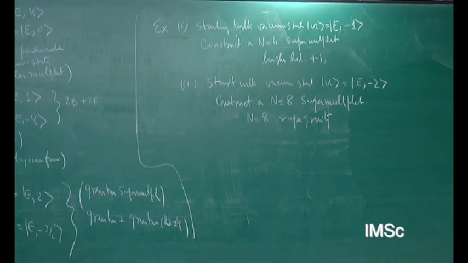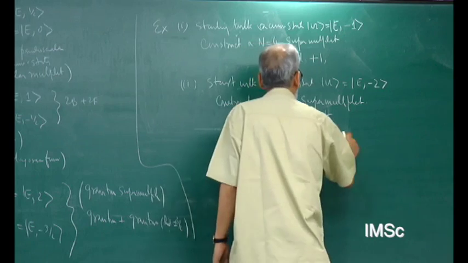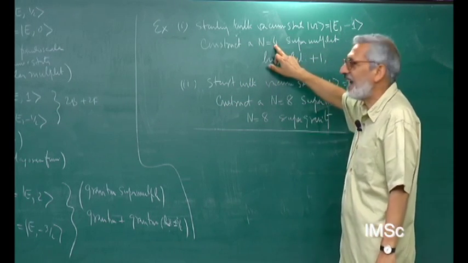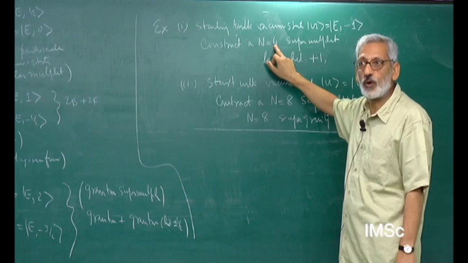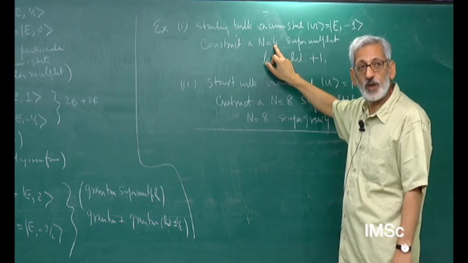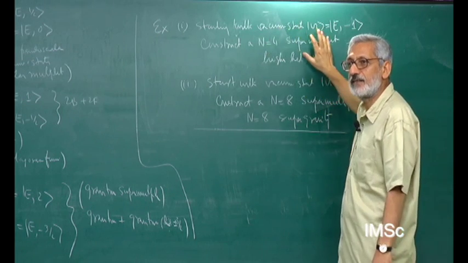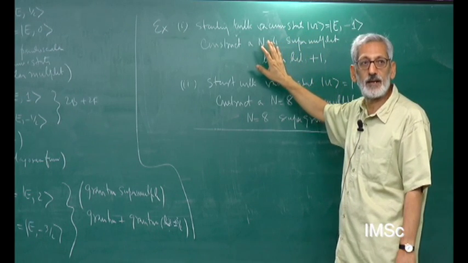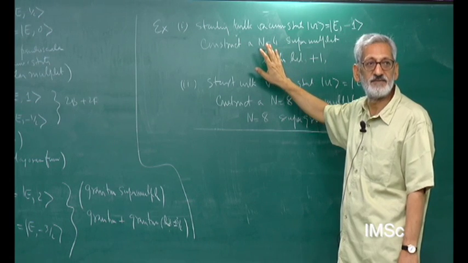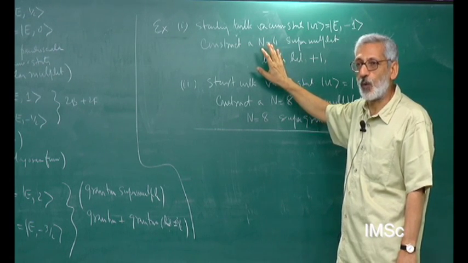Now, from these examples, you would have already noticed that if I take n larger than 4, then whatever spin I start with, I will end up with some helicity state here which is larger than +1, or smaller than -1. So which means spin larger than 1.